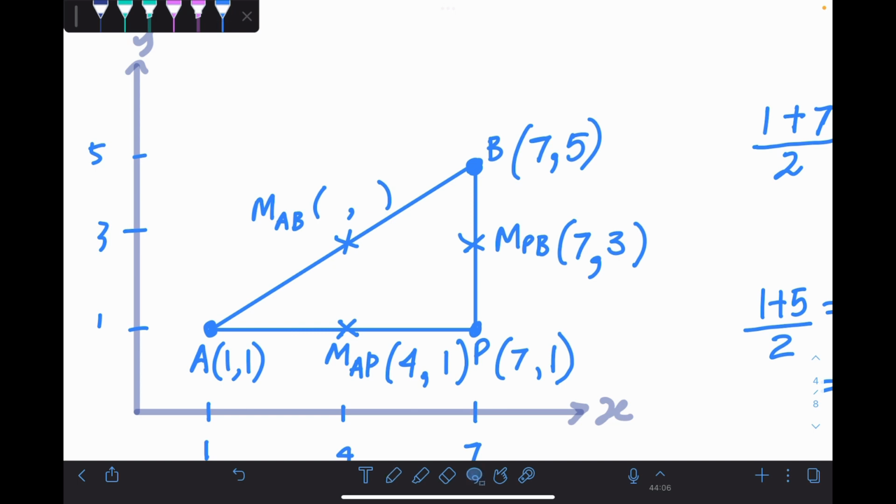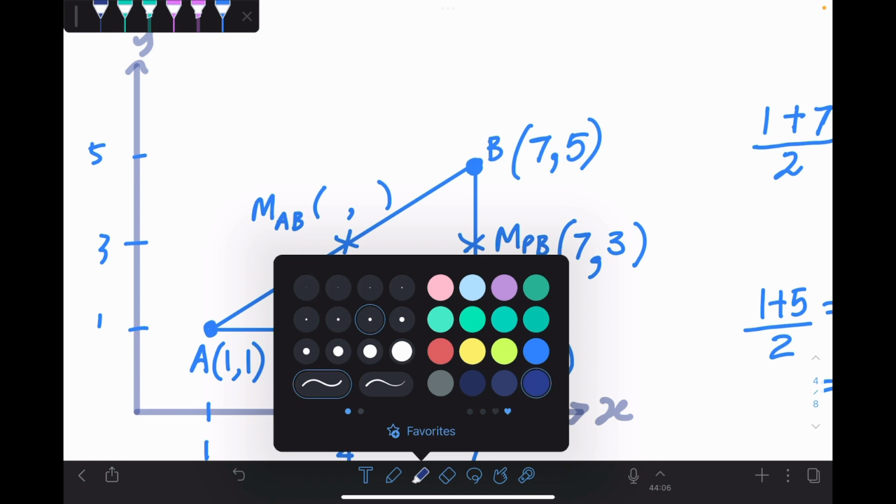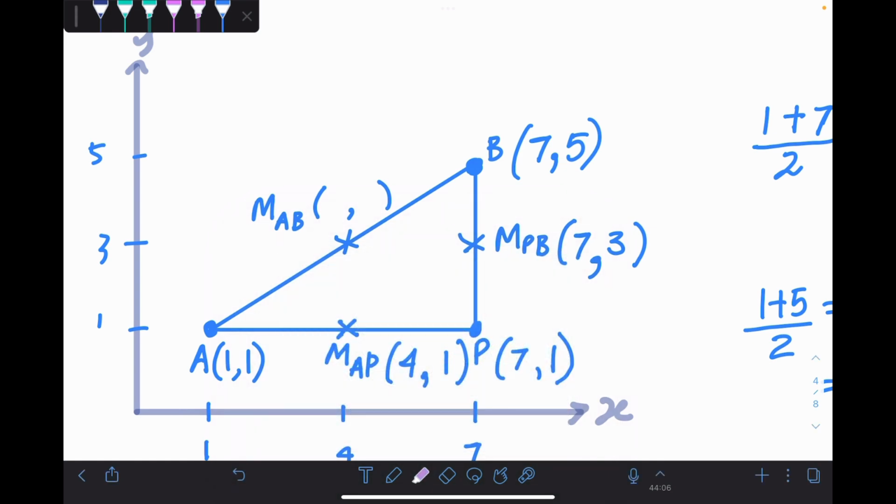Can you see something? Is anything standing out to you? What can you already notice? Yeah?